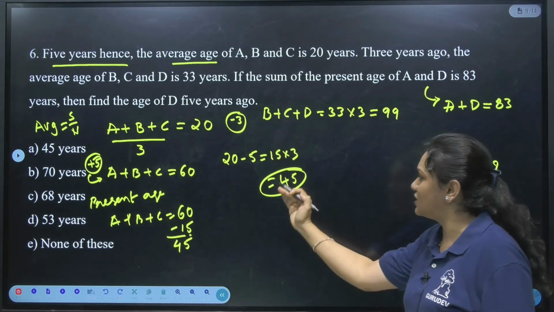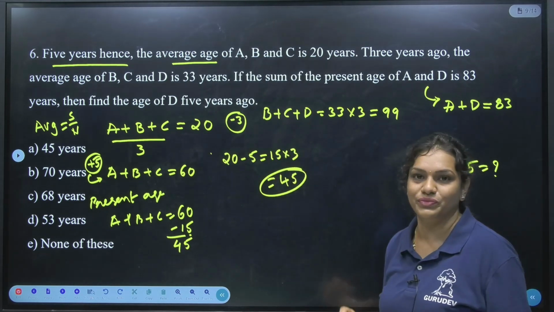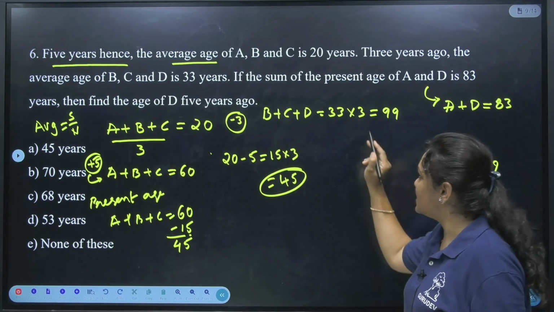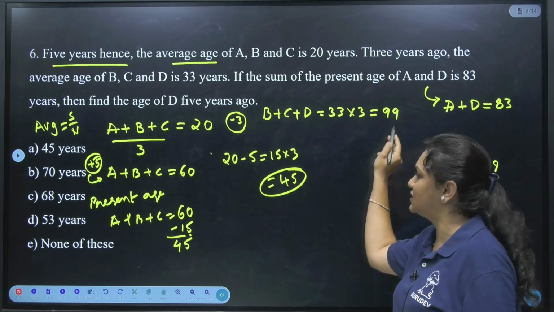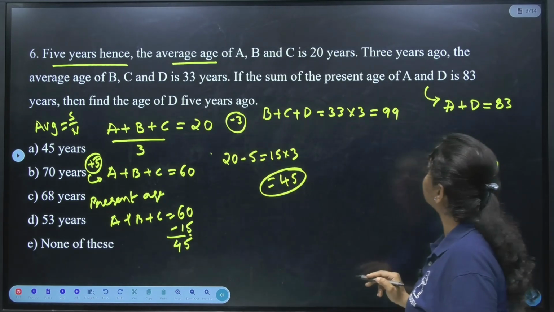Okay. Similarly, if I apply this concept for B plus C plus D, try to understand here. In this case, if you are applying this concept, just directly we can take 99 as well as minus totally how many it is there, that we can subtract here.